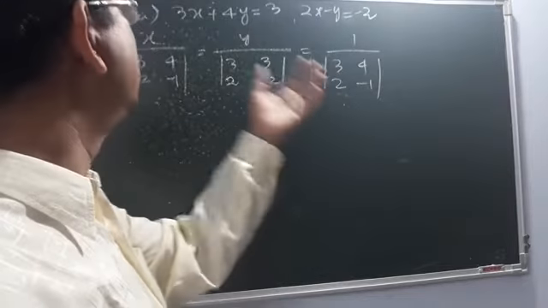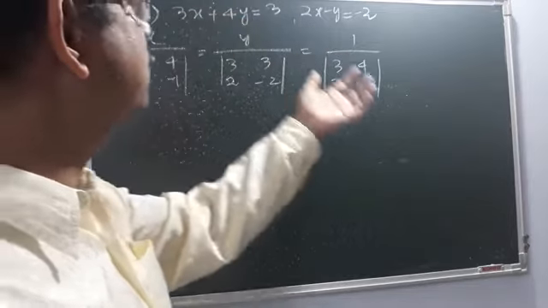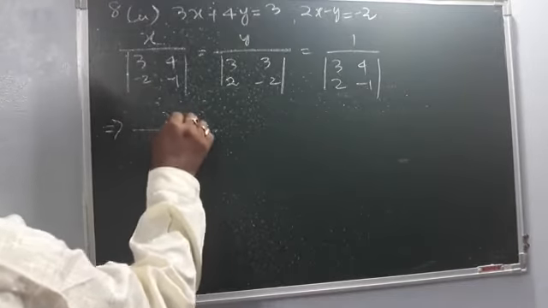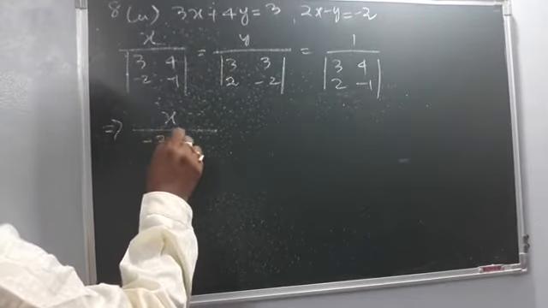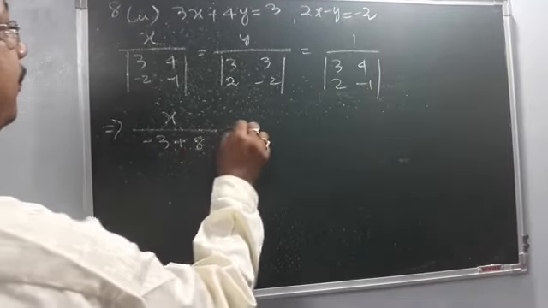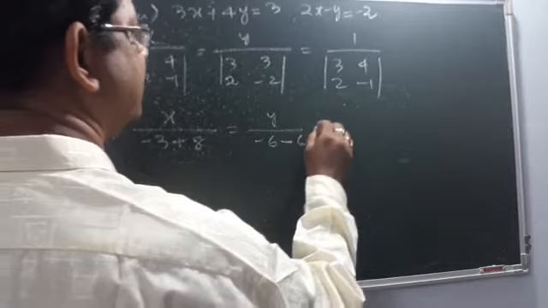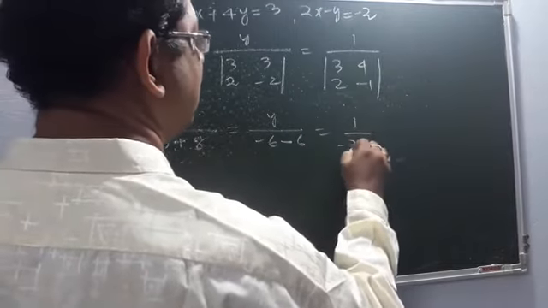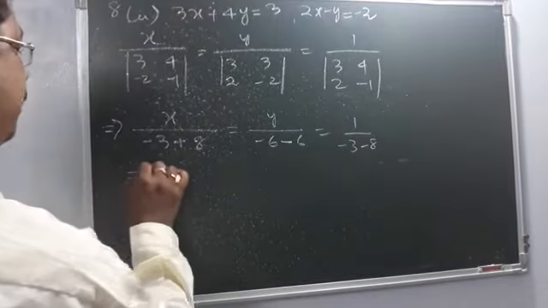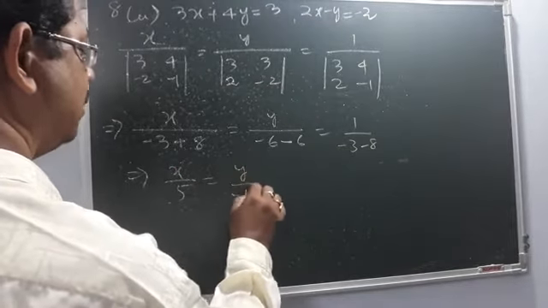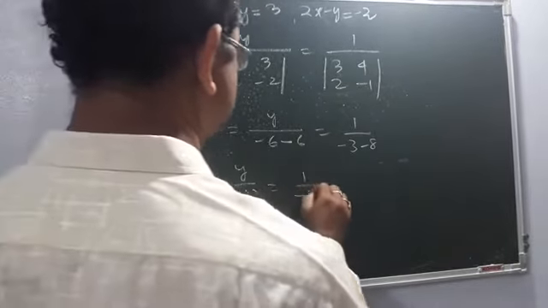Here 1 divided by the coefficients of x and y, that is 3, 4, 2, minus 1 written. Now simplification. If we break it, it is minus 3 plus 8, and here it is minus 6 minus 6, and 1 divided by minus 2 minus 8. So we get x by 5, y by minus 12 and 1 by minus 11.